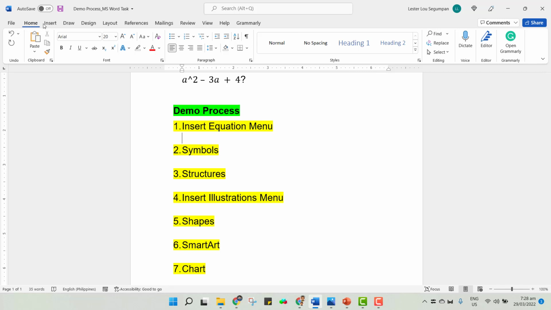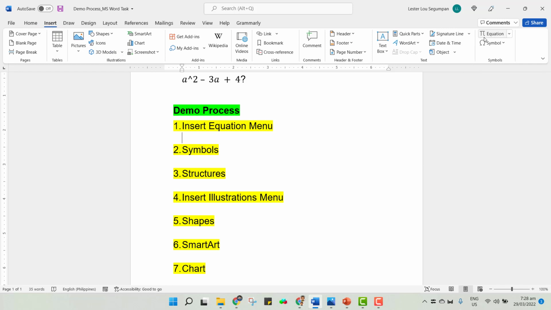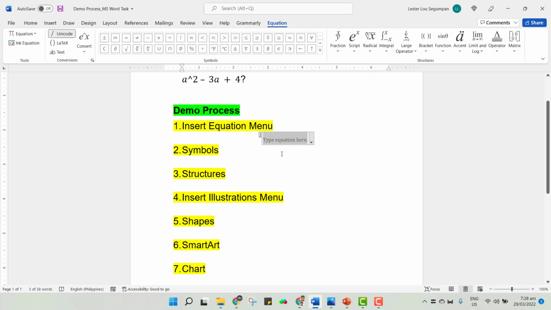So the first part in presenting the equation menu, I'm going to always click insert and click equation. And if you fill in, I forgot the correct name for this line here where you could fill in items. If you're going to click the equation menu, it will create an equation box here where you could type the different symbols or pick symbols and different structures.